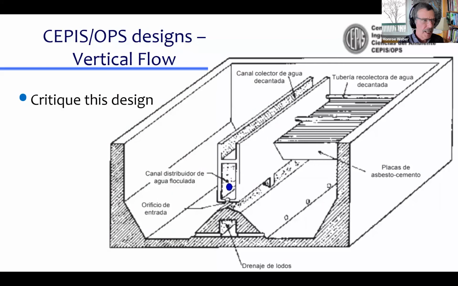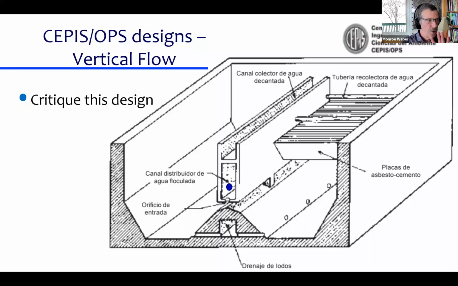So maybe we'll stay here, but I really want you to be brave, type things into chat if you don't want to say it out loud. And I want you to think about what might go wrong in this design, or how might you make it better? And if you can read Spanish, all the better, right? Because this was all put together in Spanish because it's out of a manual produced in Peru.